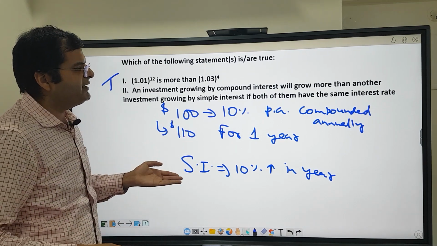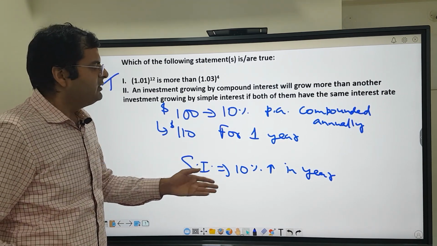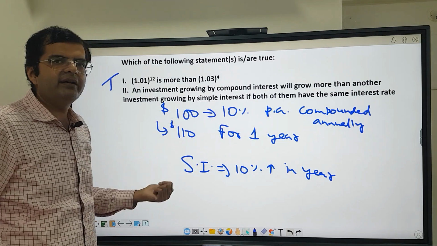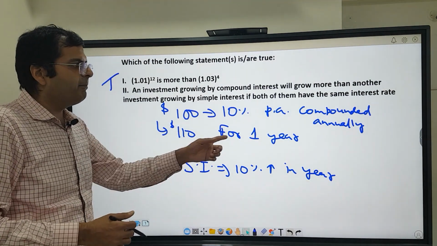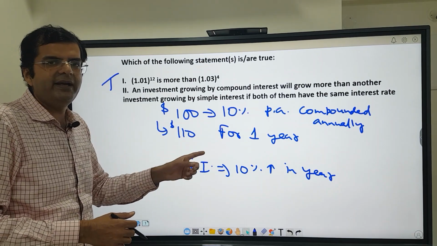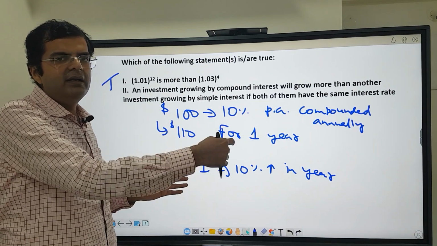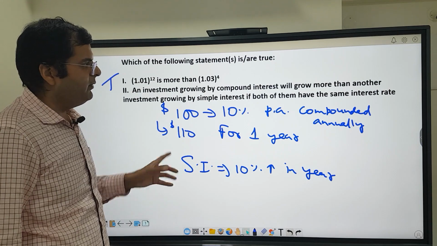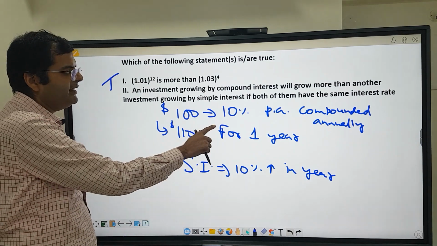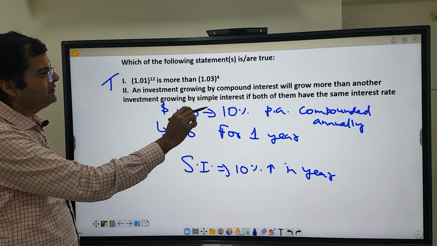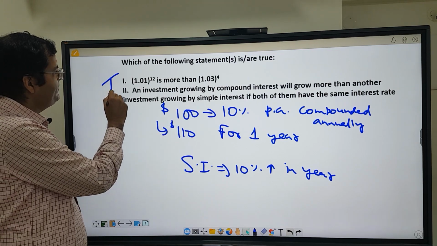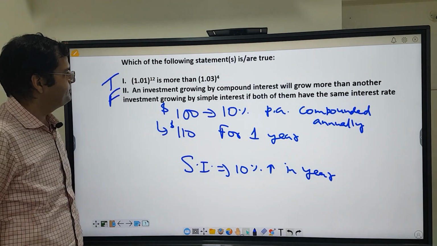But if you just put it in simple interest of 10% for 1 year, still you will get $110. So both of them become equal. Why? Because the compounding effect will only take place if there are multiple years in this scenario. So if there is only 1 year, then both of them become equal. So is this true in all the cases? No, this is not true in all the cases. So statement 2 is false.